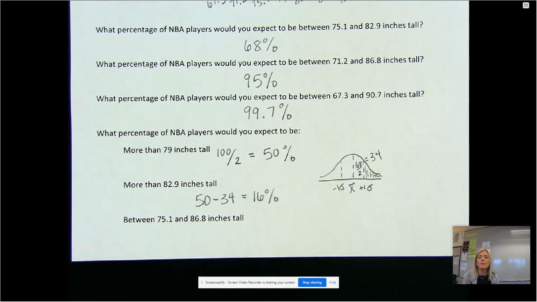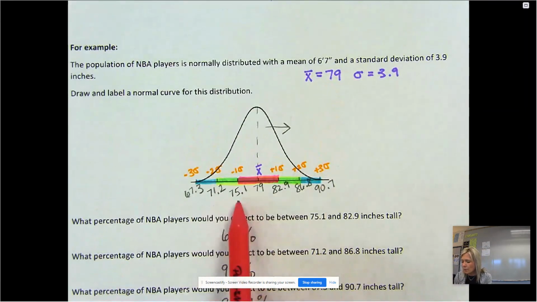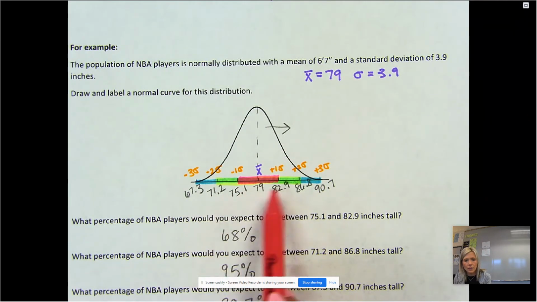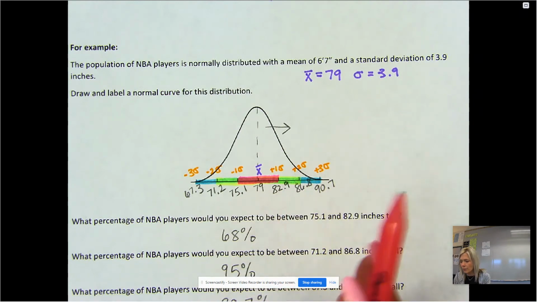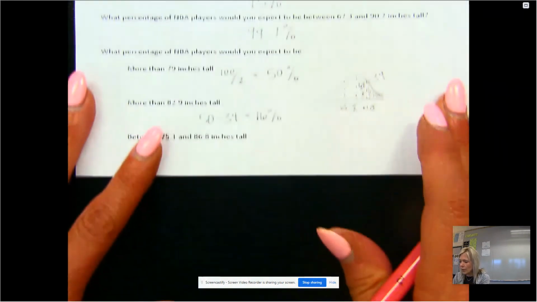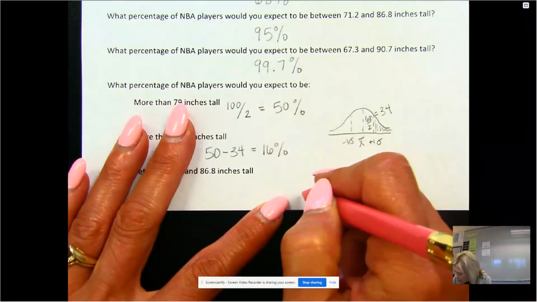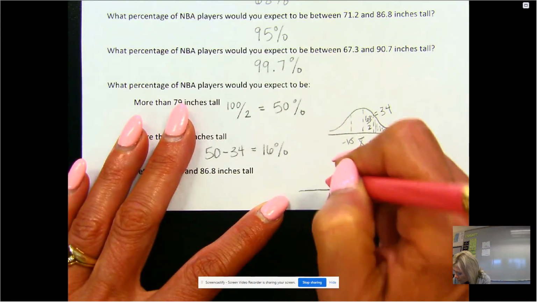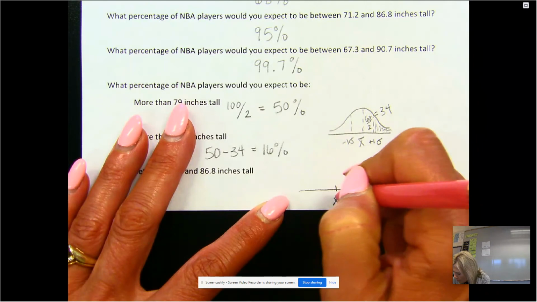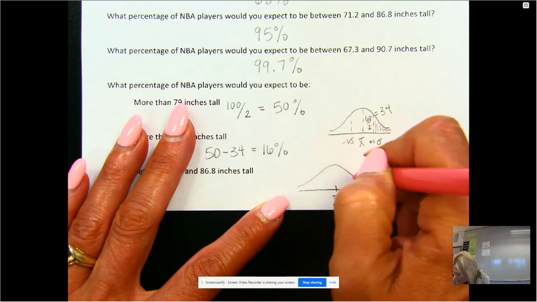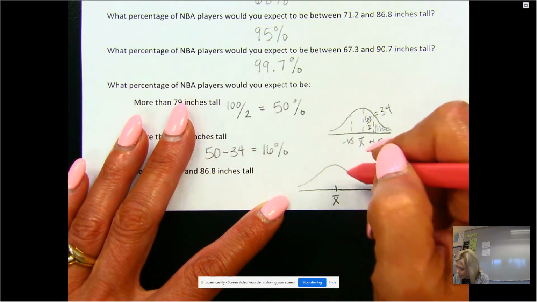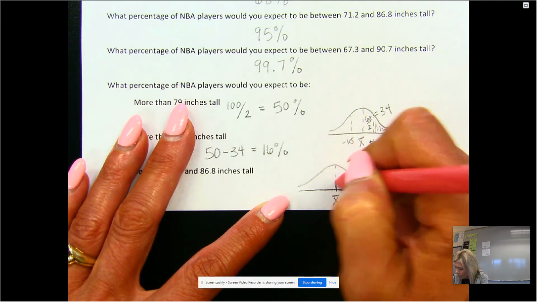And then finally, between 75.1 and 86.8. So 75.1 is -1 standard deviation. 86.8 is +2 standard deviations. So I have to figure out the total between there. So here's our mean. Here's the curve. Here's the halfway.